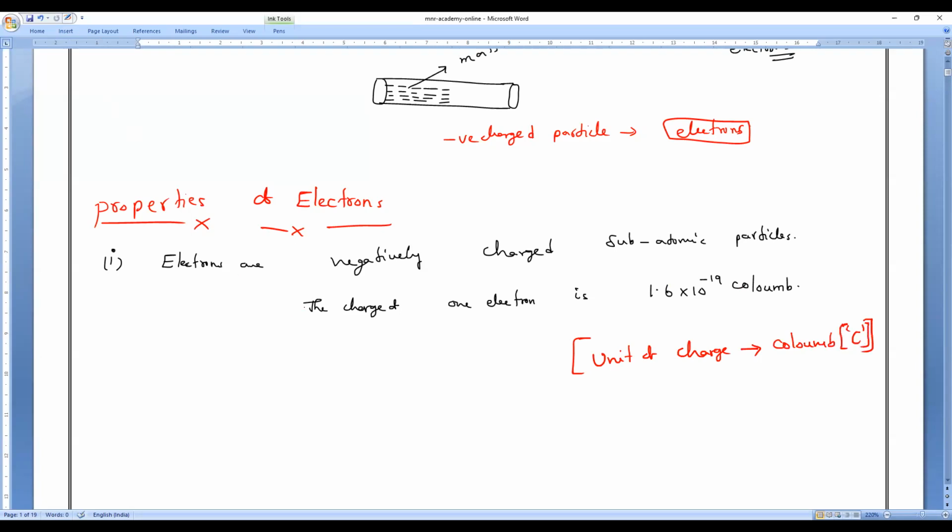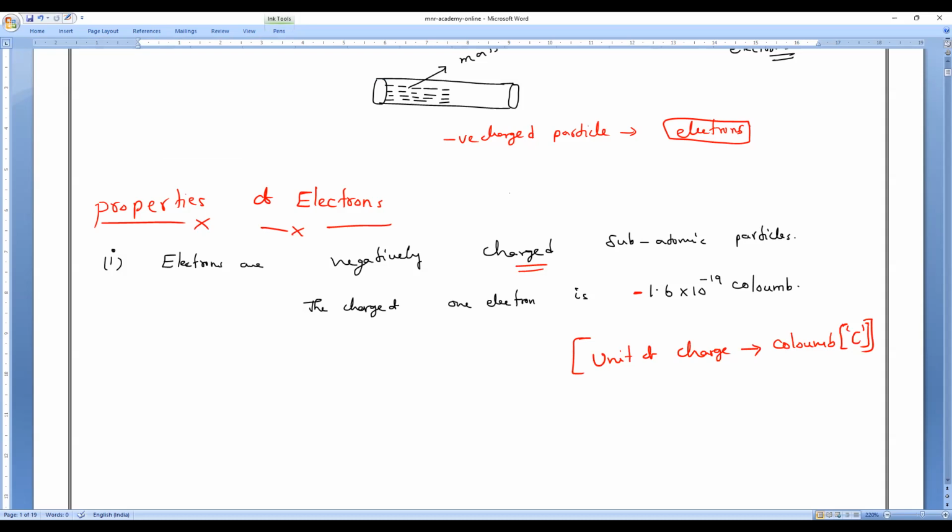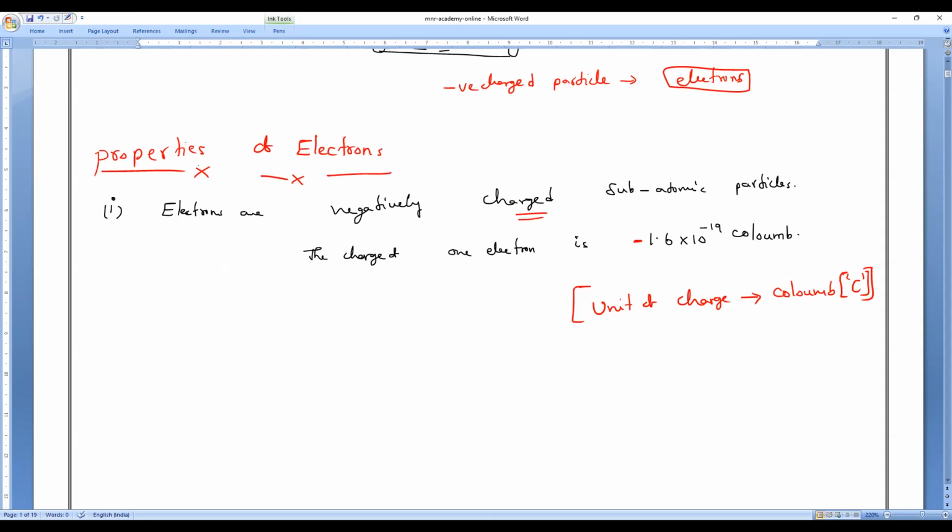As it is negatively charged, this is minus 1.6 into 10 power minus 19 coulombs. Understand, everybody? If you don't mention minus, also no issues. But as electrons are negatively charged, I am writing minus 1.6 into 10 power minus 19 coulomb. Everybody clear? Please respond.